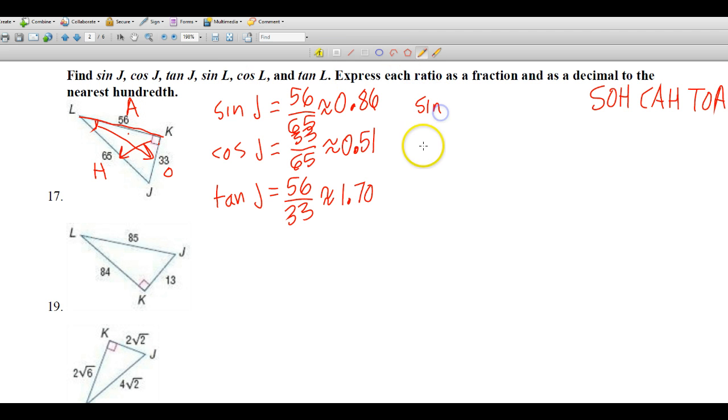So we want the sine, cosine, and tangent of L. Sine is opposite over hypotenuse, so that would be 33 over 65, which we know from before is 0.51.